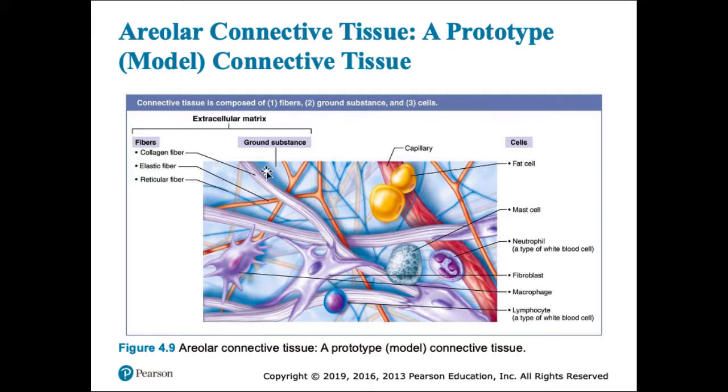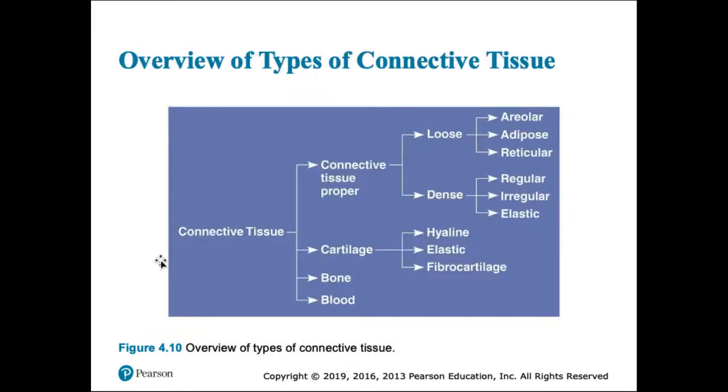And you have some ground substance kind of floating all between in this extracellular matrix with collagen fibers and reticular fibers and elastic fibers. So lots of different cells, capillaries, ground substance with different types of fibers. So very, very robust, and lots of things that kind of support it.